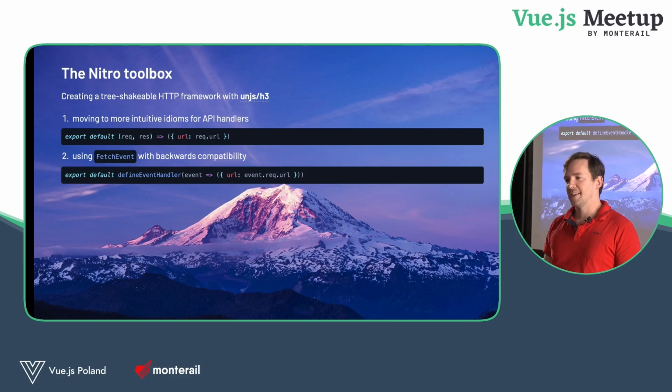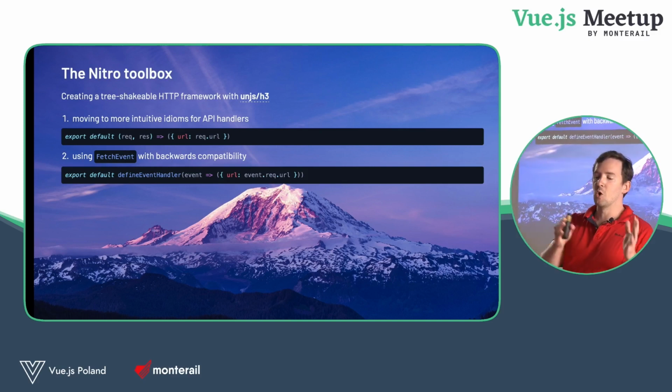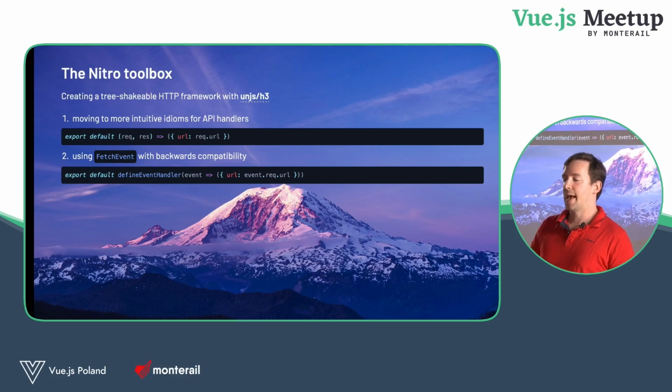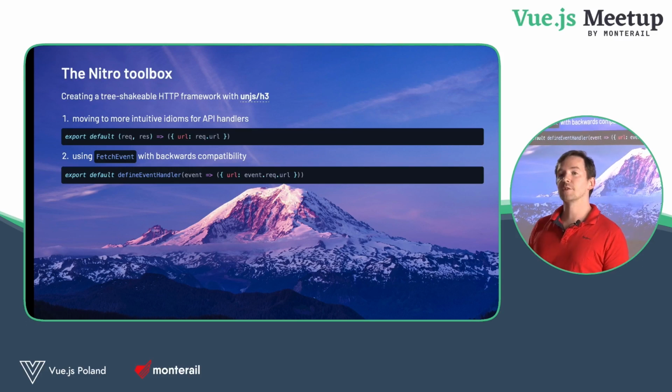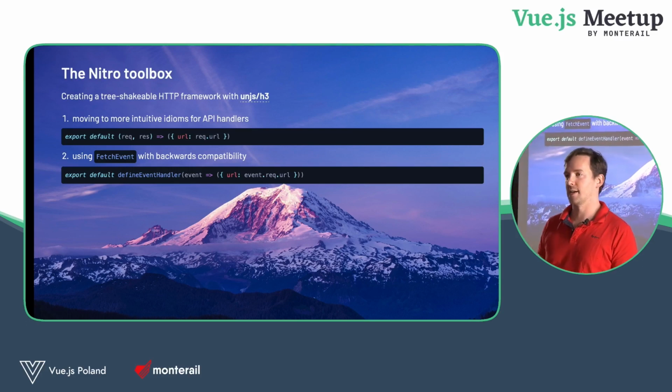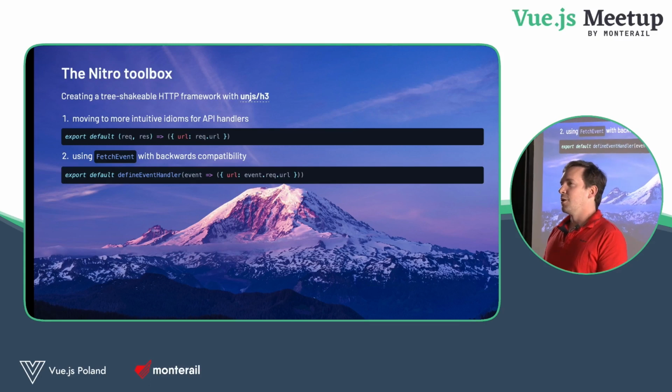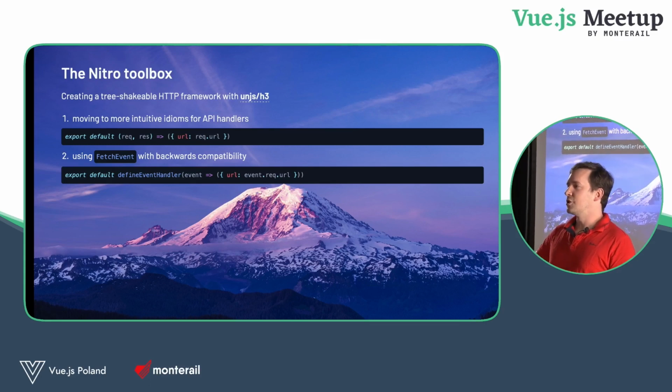On top of that, both fetch that I mentioned before and H3 come with amazing convenience functions. So you can directly return the results of your handler. So no need to call res.setHeader content-type application/json, res.end JSON.stringify, whatever. You just return an object from your event handler.